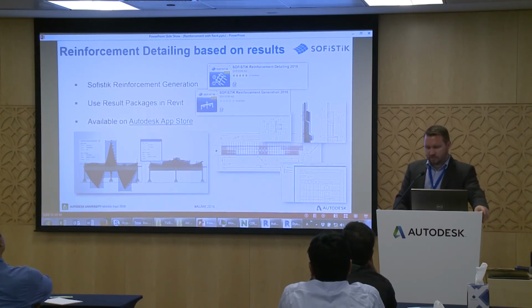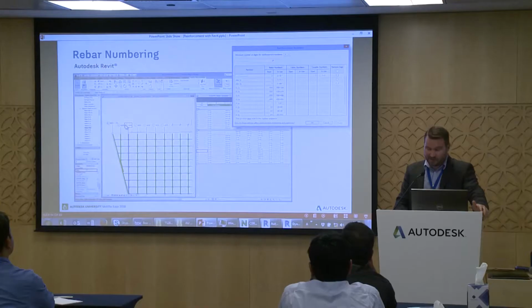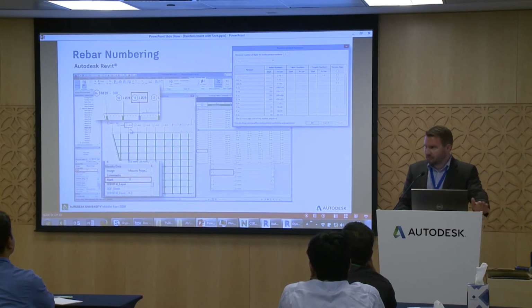And reinforcement detailing is good to find the classic local representation. For example, if you want a circle it's nothing, but you can do it for Revit out of the box. And this has been done with this extension.